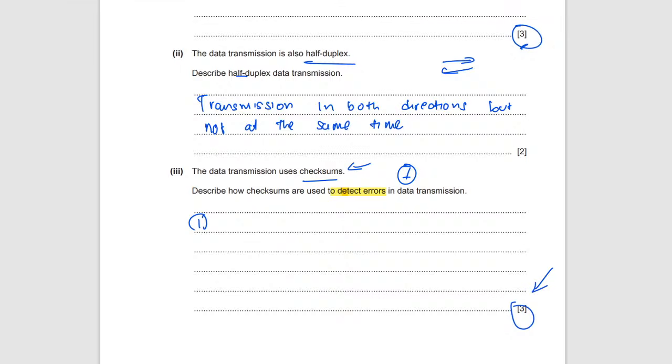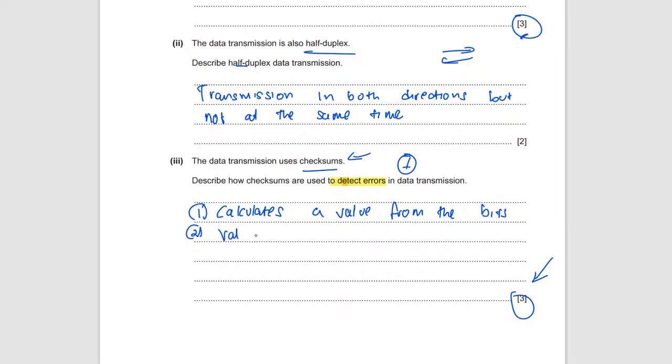The first one, coming from its name, checksum, means it calculates a value before it is sent. So basically you can just say it calculates a value from the bits. After it calculates that value, the value is then put next to the data. So you can say the value is appended, or added, to the bits or the data.